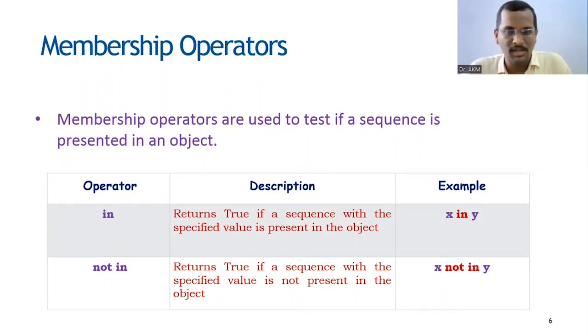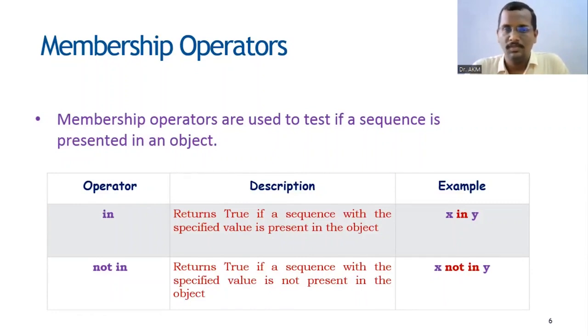With respect to the membership operator, if the specified value is available in the sequence, then it returns true. If the specified value is not available in the given sequence, then it returns false.